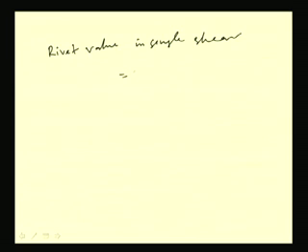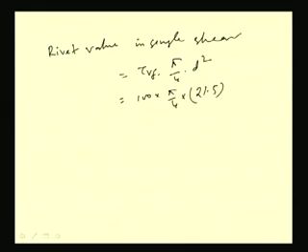First, we will see what is the rivet value. Rivet value in single shear will be tau vf into pi by 4 into d square, that means 100 into pi by 4 into 21.5 squared, because 20 is the rivet diameter.